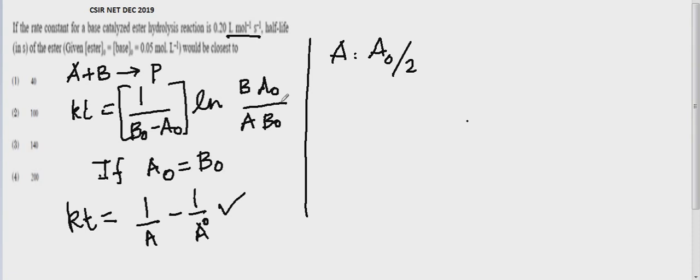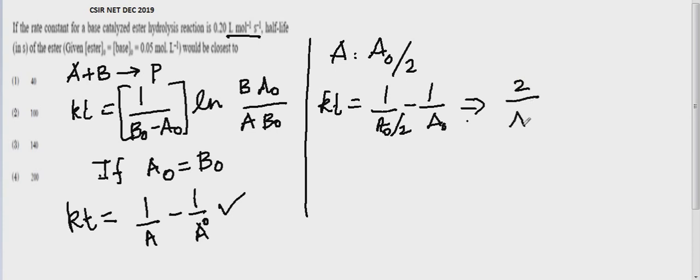So therefore kt is equal to 1 by (A naught by 2) minus 1 by A naught. This you can rearrange. This will become 2 by A naught minus 1 by A naught.